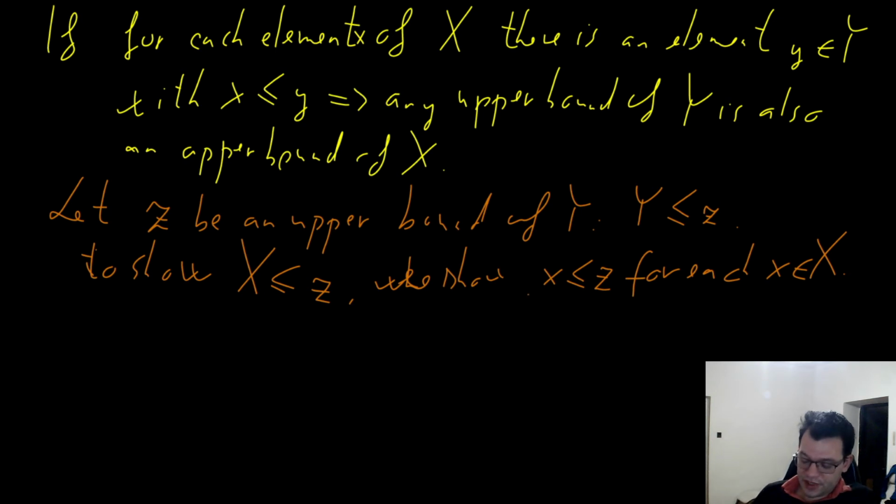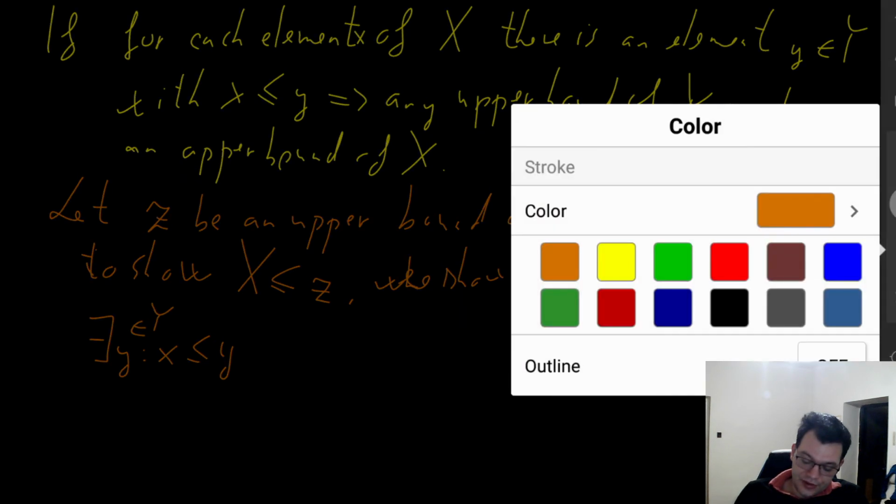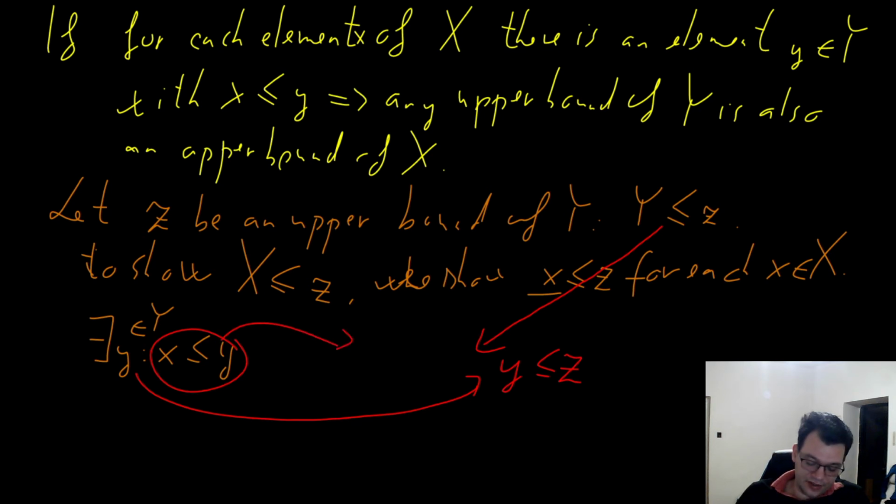Okay, so let x be a member of the large X. So we know that there exists a y for which x is smaller than or equal to y, and this y is a member of the set Y. From z being an upper bound of Y and y being a member of Y, we get that y is smaller than or equal to z, and we also have x is smaller than or equal to y.